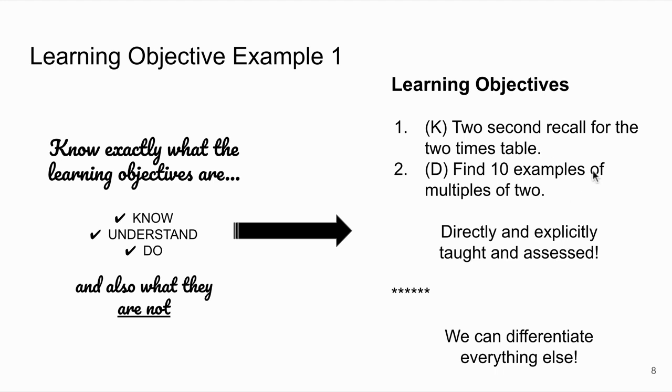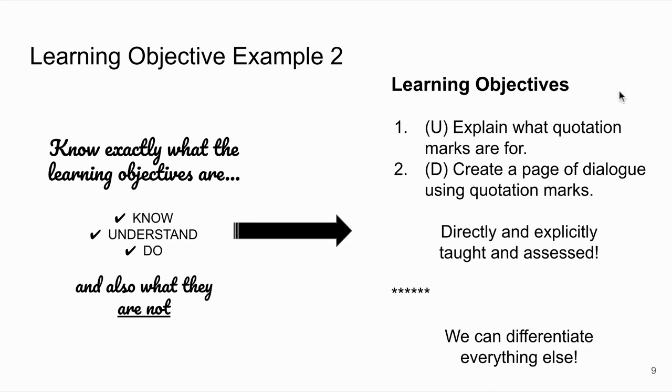So, for example, if these are your learning objectives, that you want students to focus on a 2-second recall for the 2 times table and to find 10 examples of multiples of 2, you'll create a great, creative, interesting lesson for them to work on this, directly teach it, and explicitly assess it.